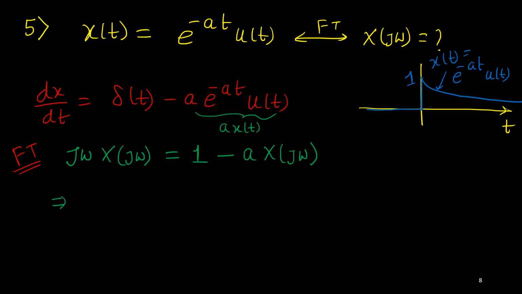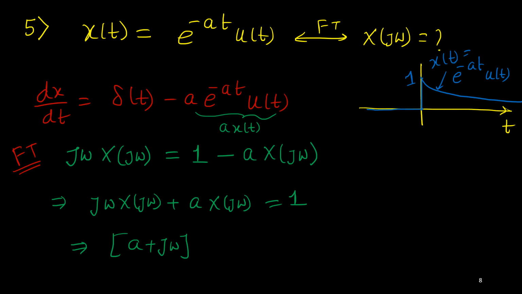Now we can simplify it. If we bring this to the left side, then j omega X of j omega plus a times X of j omega equals 1. So you see this is a plus j omega times X of j omega equals 1, that indicates capital X of j omega is 1 upon a plus j omega.